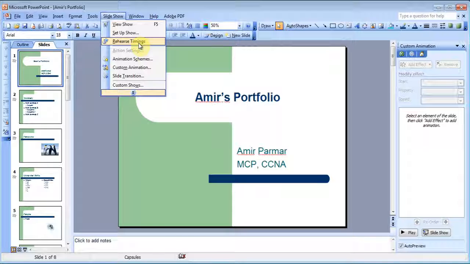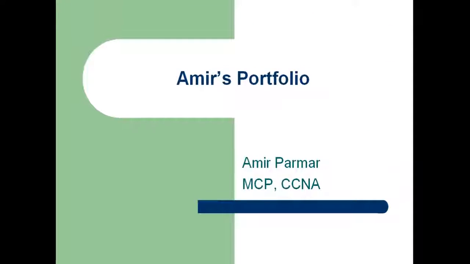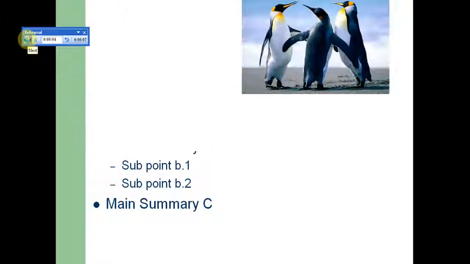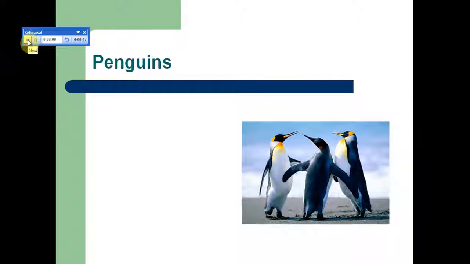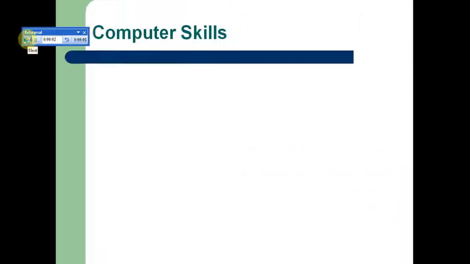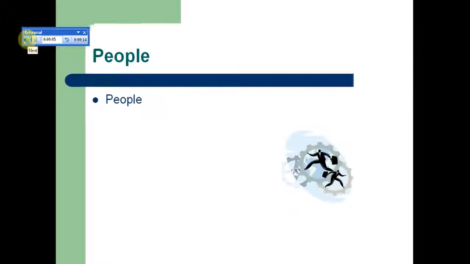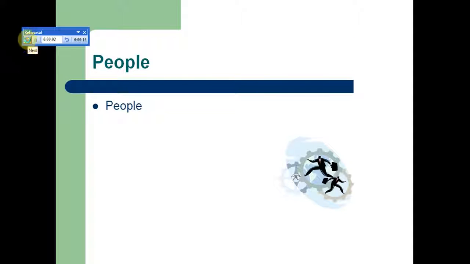If I click rehearse timings, I'll get this window and I'm going to start hitting next, give it 2 seconds, and next, next, next, next. I'm just going through all the slides, giving each a few seconds.